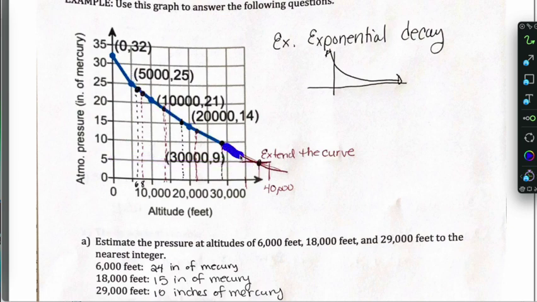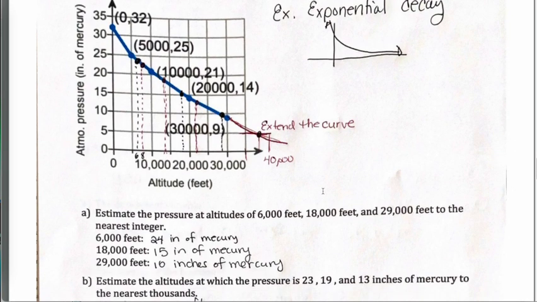So if we imagine that this curve gets extended, and we talked about that being an exponential decay because of the way that it's shaped, if I come down, I'm going to estimate that it's going to touch 5 inches right about here. Here's my 5 inches. Now, here's 30,000. I'm estimating that 40,000 is about right here, which means this is about 35,000. So I'm estimating that where it crosses would be about 37 to 38,000.